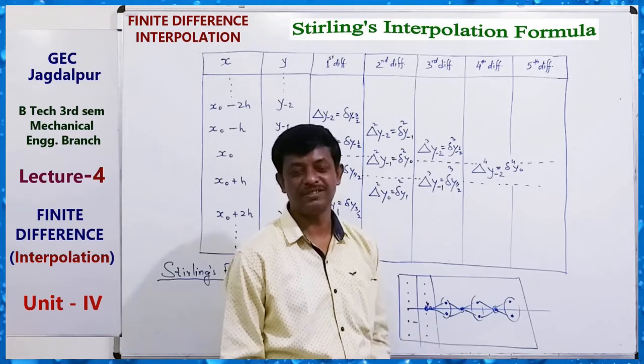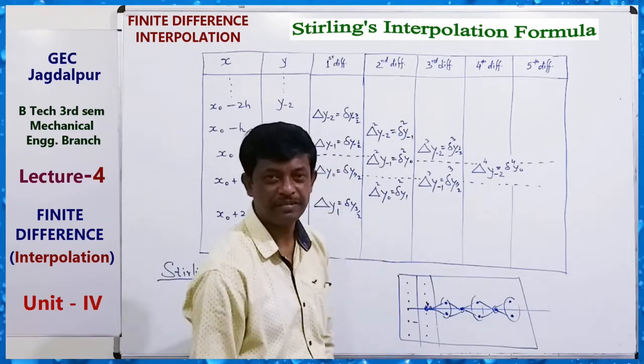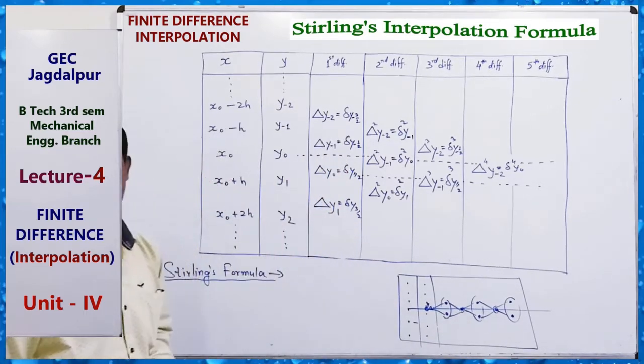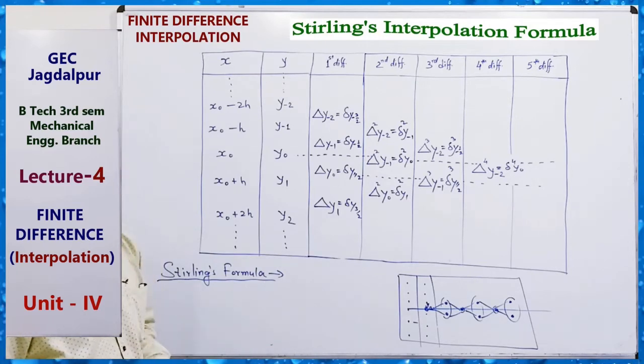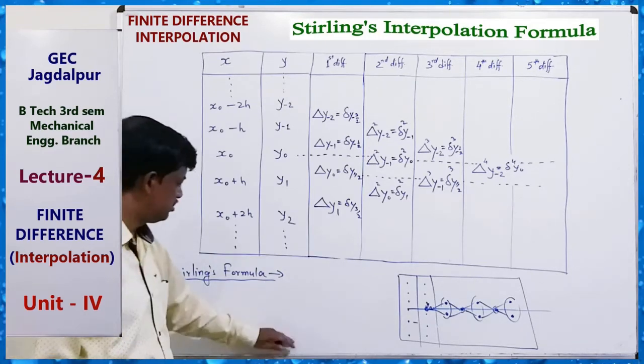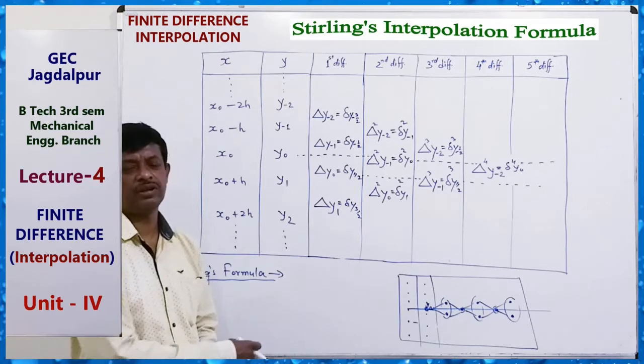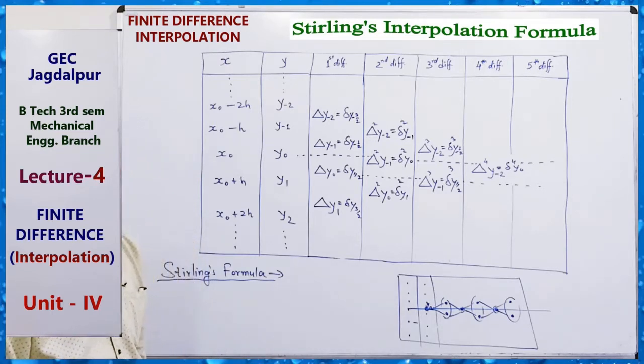So formula writing is very simple. So remember it. Okay, how can we write the formula? If you can write the formula, then you can just put the values in the formula and you can get the result. Clear?